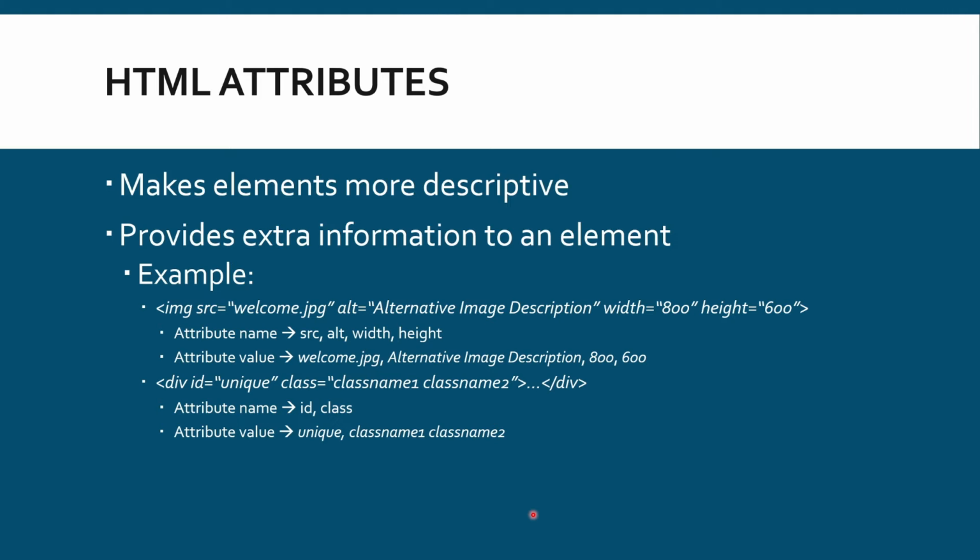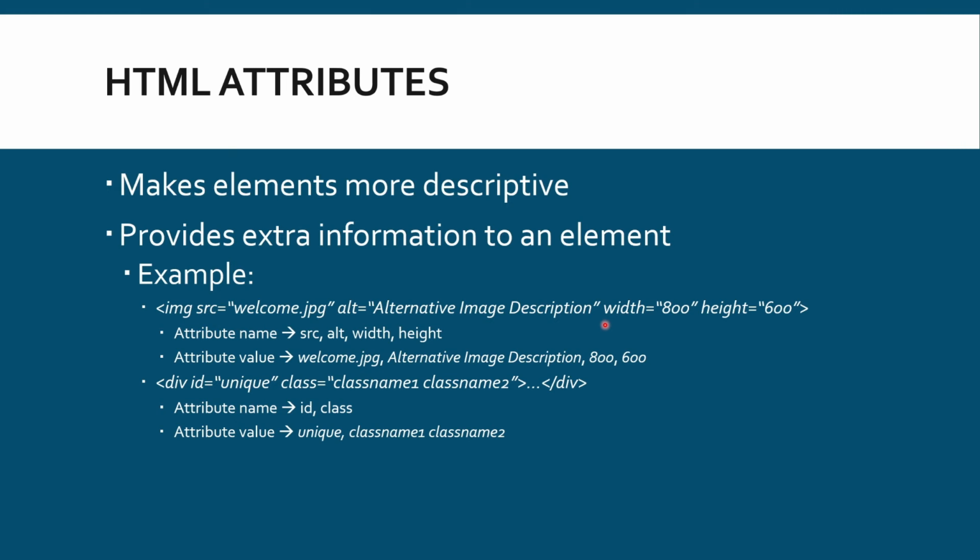This is an example of HTML attributes. So we have the image tag, and this src is known as the attribute name, and we have this welcome.jpg as the attribute value. Again, we have alt as the attribute name, and this is the attribute value.